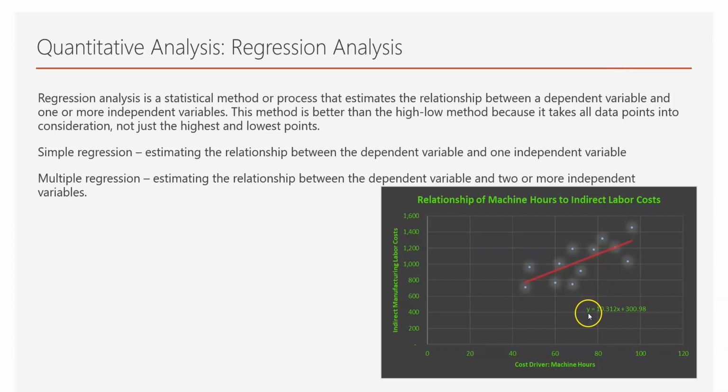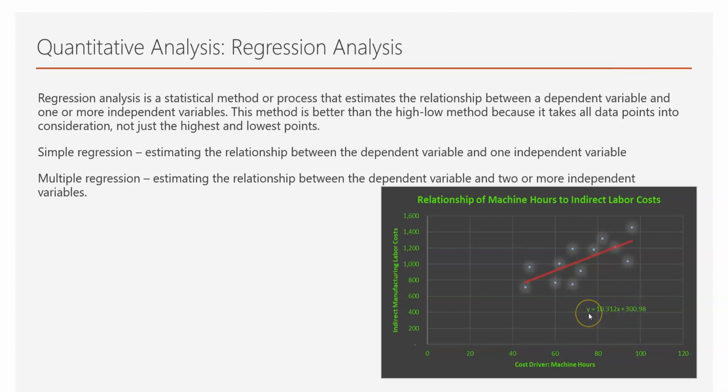Another thing you will notice is that the cost function is stated just a little bit different when you do it in Excel, but the concept is the same. The only difference is, instead of y equals a plus bx, it has your slope coefficient times x first, and then it lists the fixed cost.